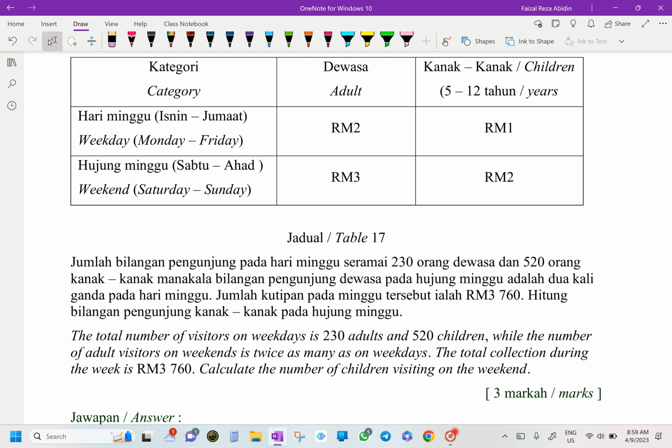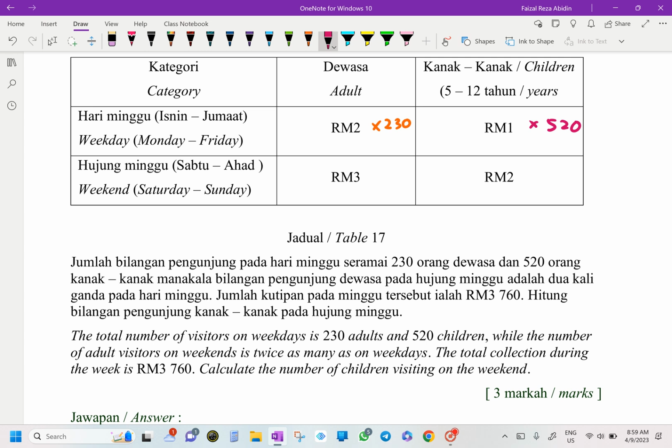Calculate the number of children visiting on the weekend. Okay. Wait, the total number of visitors on weekdays. Weekday 230 adults. Okay, this one is going to be 230, and for the children 520. Am I right?